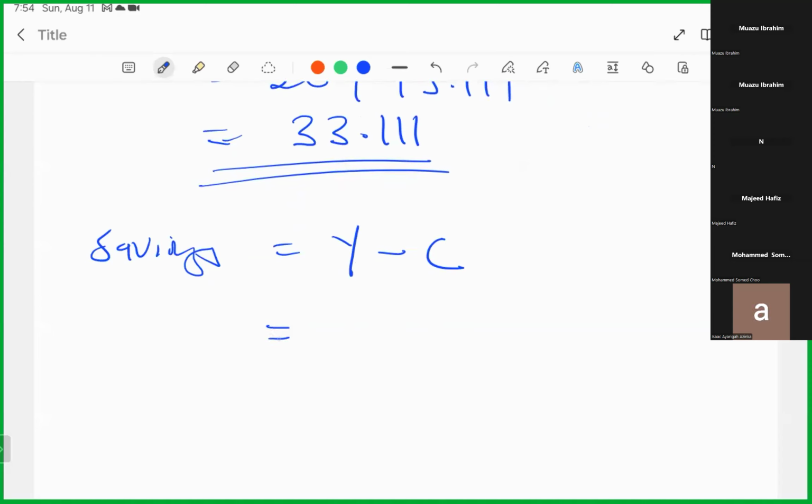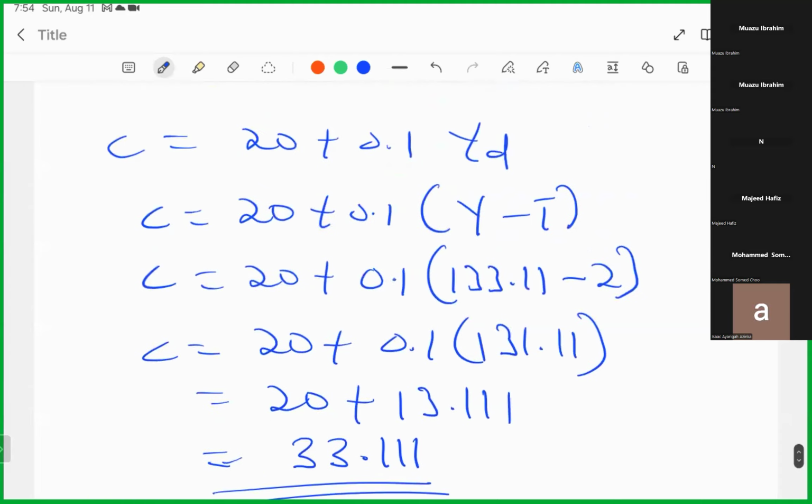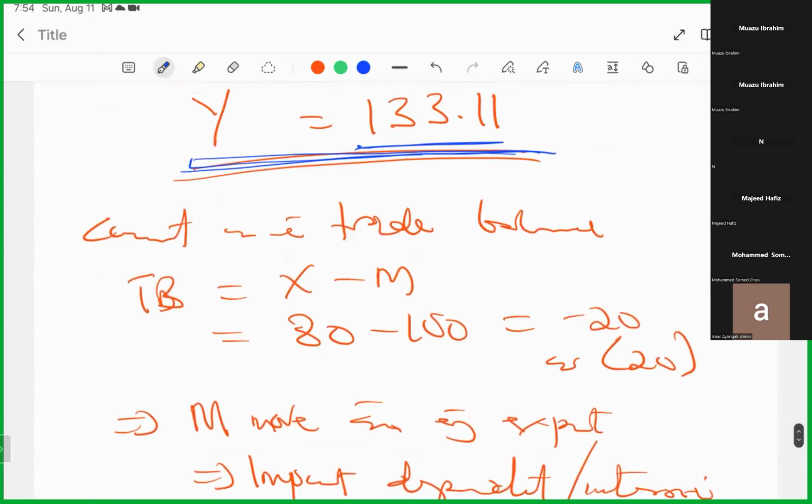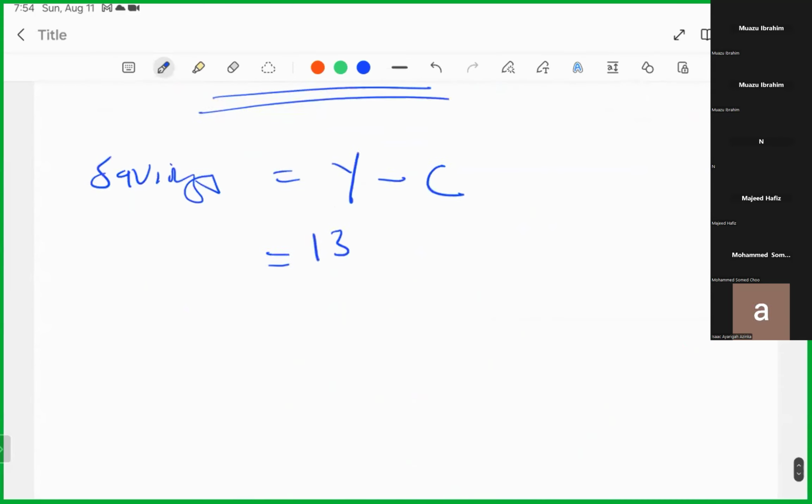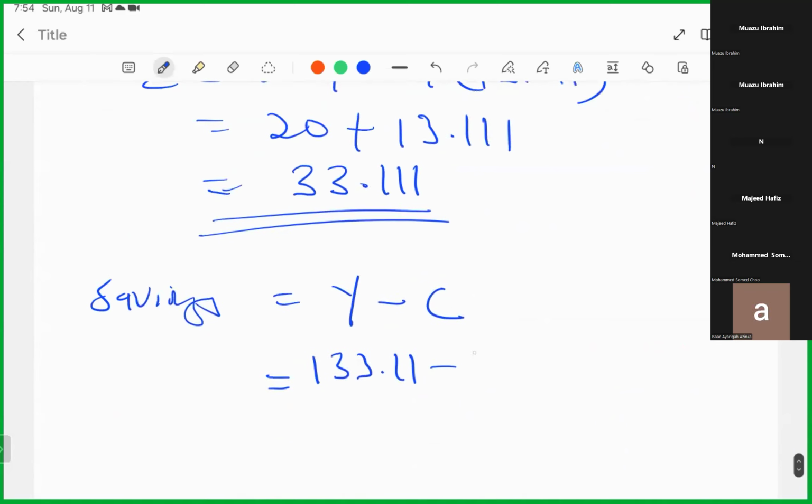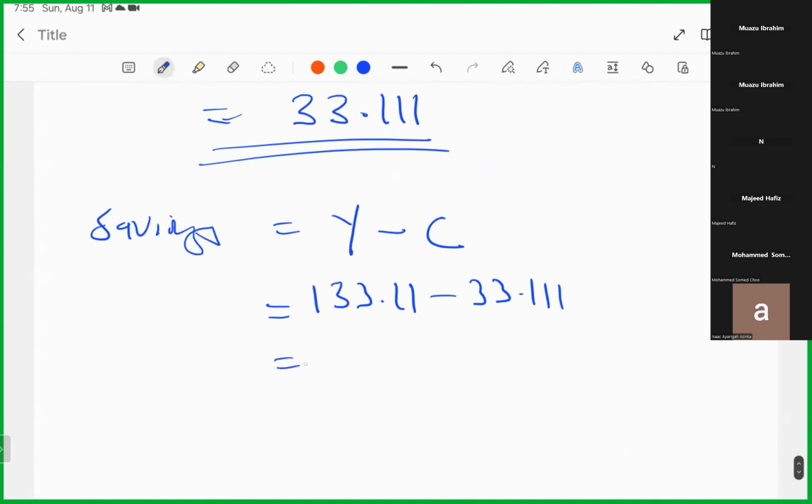And how much did we find as the national income? We found it to be 133.11, which is here, the Y. So 133.11 minus how much we consume, 33.11. So national savings will be 100. Are we together?